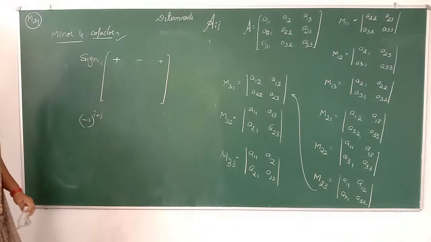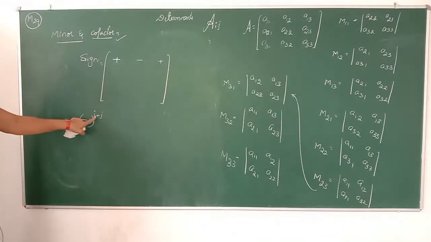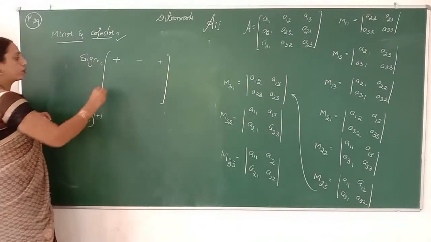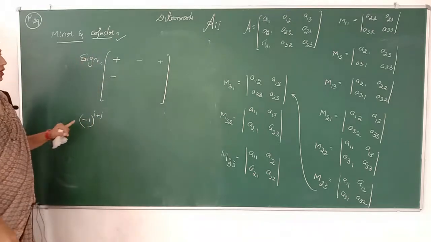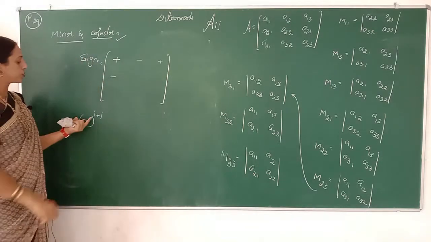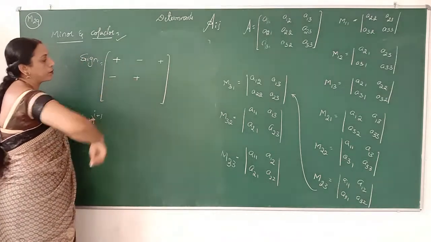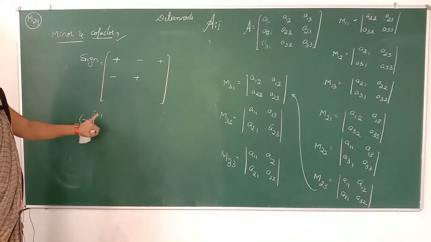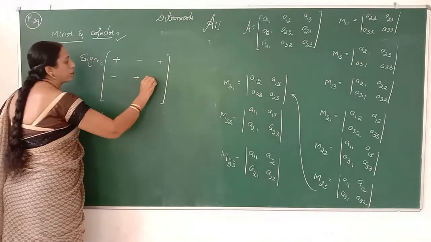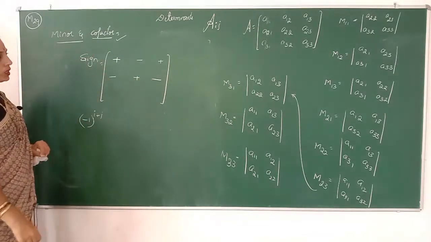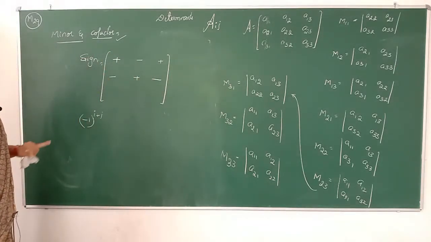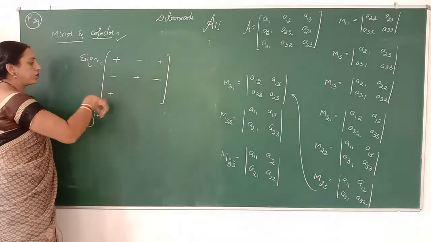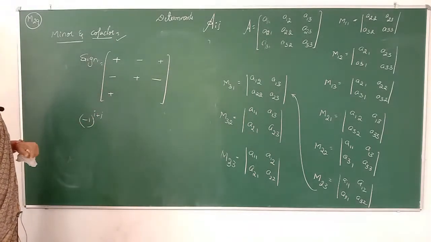In the second row, A21, 2 plus 1 is 3, and minus 1 to the power of 3 is negative. A22, 2 plus 2 is 4, minus 1 to the power of 4 is positive. A23, 2 plus 3 is 5, minus 1 to the power of 5 is negative. In the last row, A31, 3 plus 1 is 4, positive.